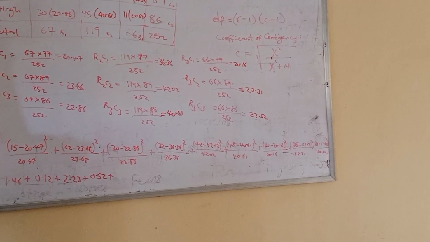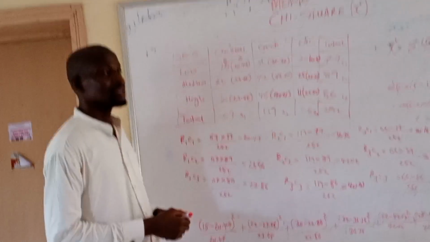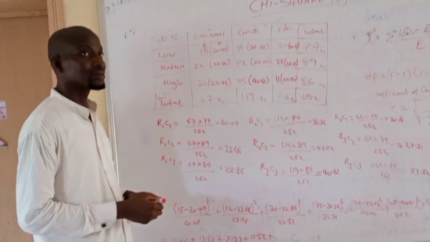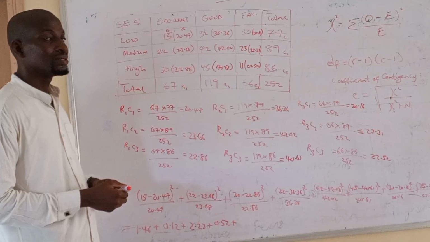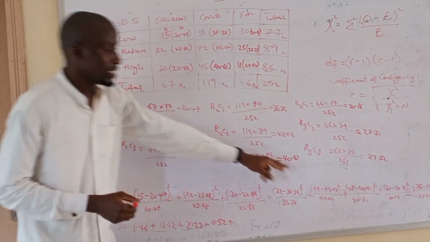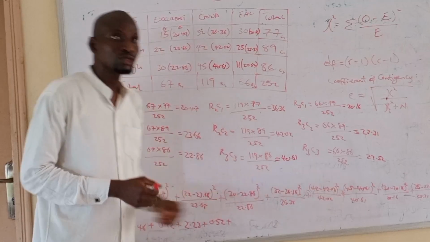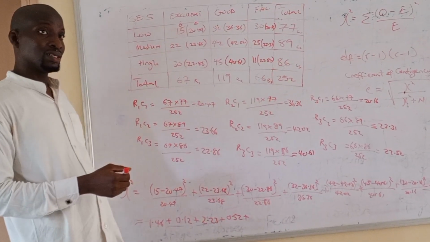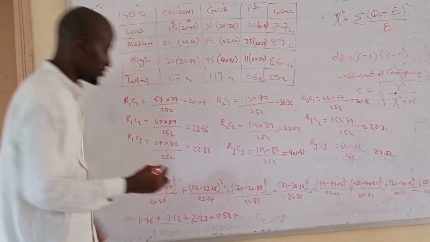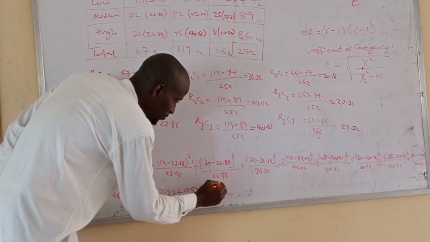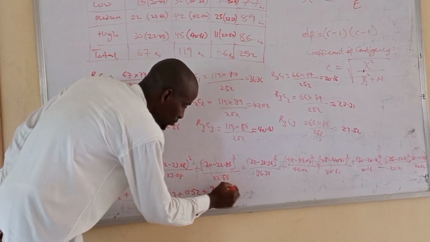That's 0.02. Then square. That's 4.04. Then you are dividing by 42.02. 9.5, to approximate 9.52.